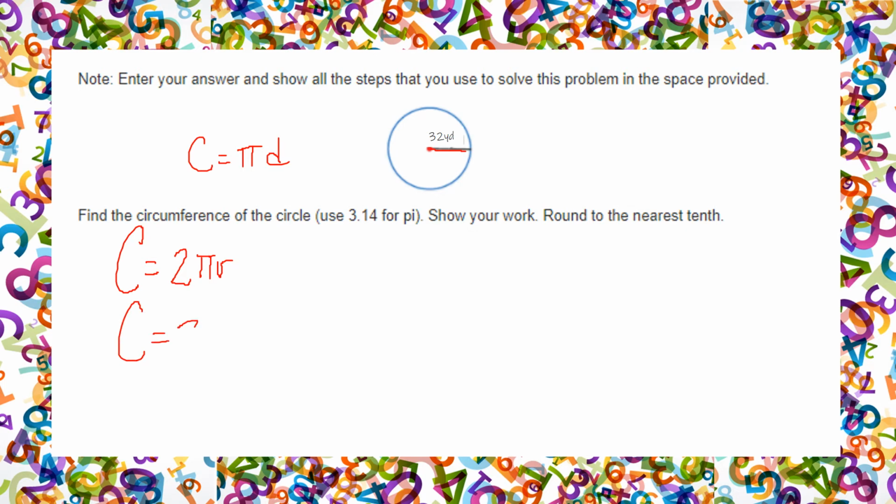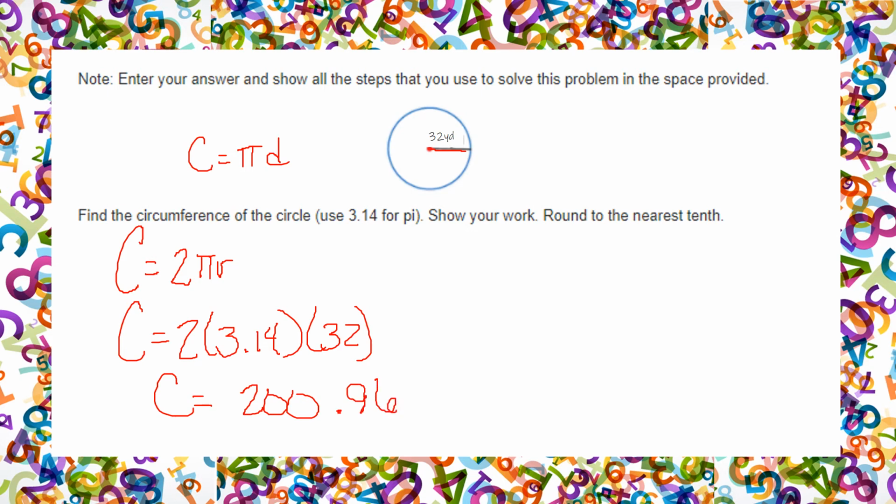C equals 2 times 3.14 times 32. We multiply 2 times 3.14 times 32, and I get the circumference of this circle as 200.96. And it says round to the nearest tenth.